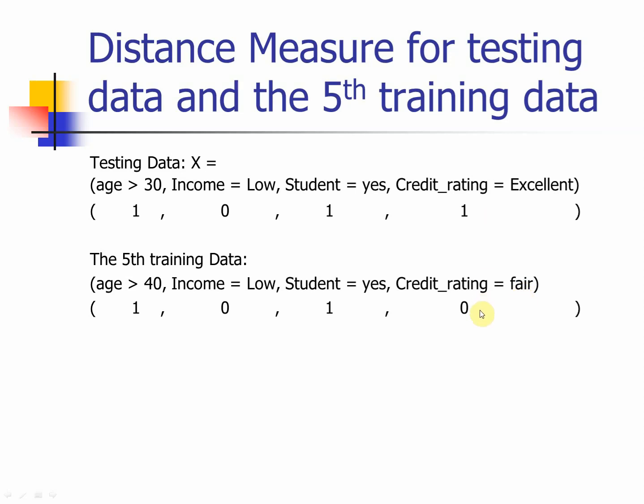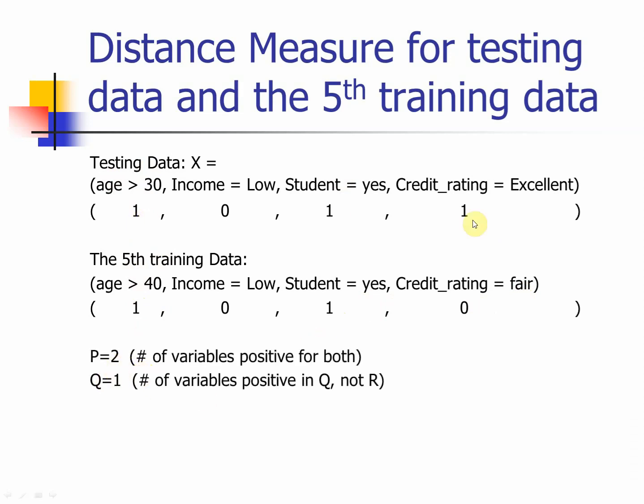When we calculate P, Q and R for Jaccard's coefficient, you see that there's one attribute that occurs on both sides, and another attribute that occurs on both sides, so P equals 2. For Q, there's only one attribute that's positive over here and 0 over there, so we have a 1. And for R, it's 0, because there are 2 positive cases, but they are covered in P already.